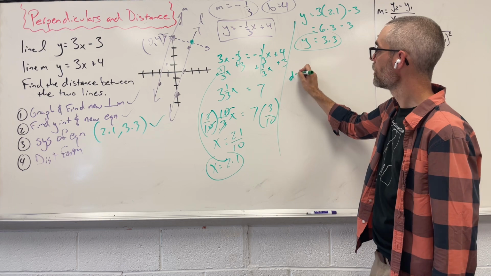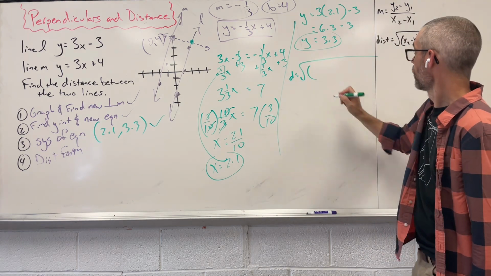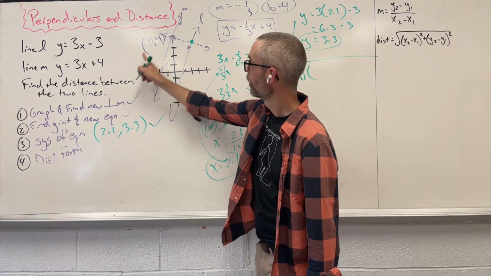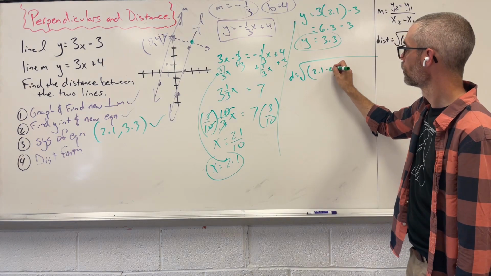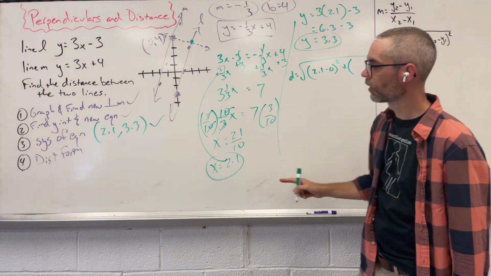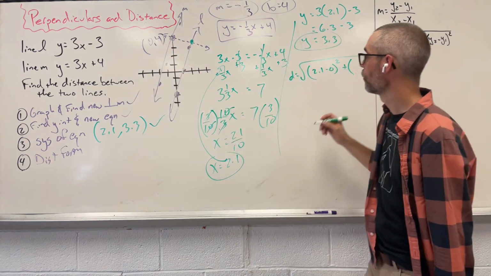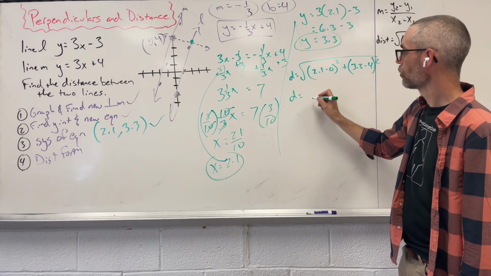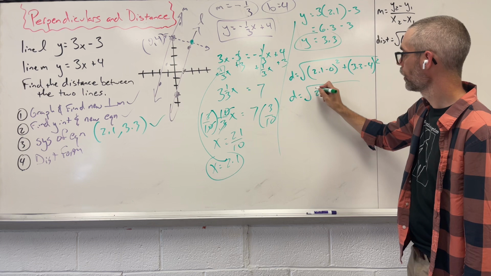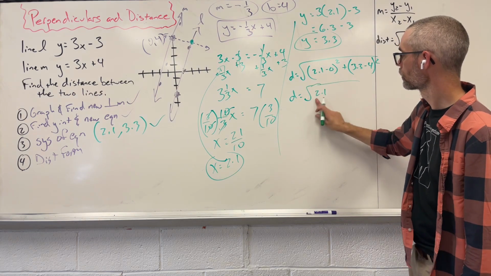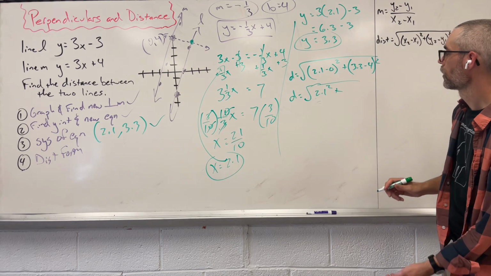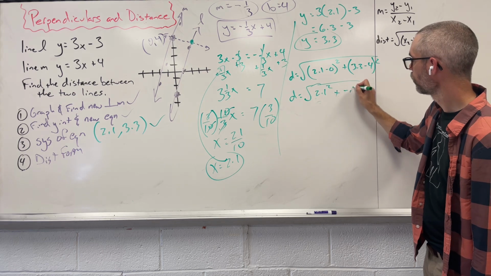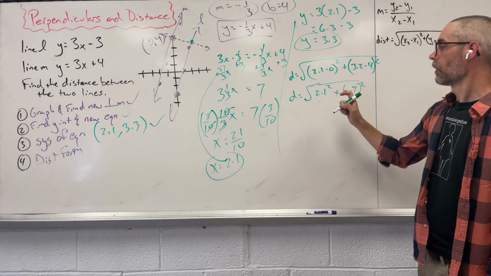So we now say d equals the square root of x2 minus x1, so x minus x: 2.1 minus 0, squared, plus 3.3 minus 4, squared. d equals the square root of 2.1 squared plus negative 0.7, and that gets squared.